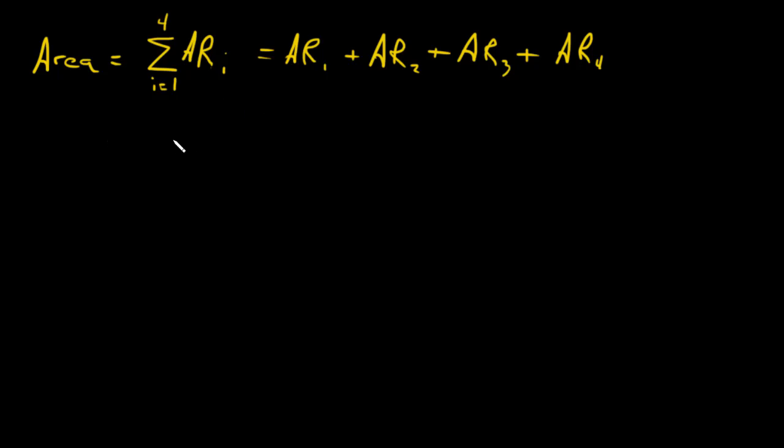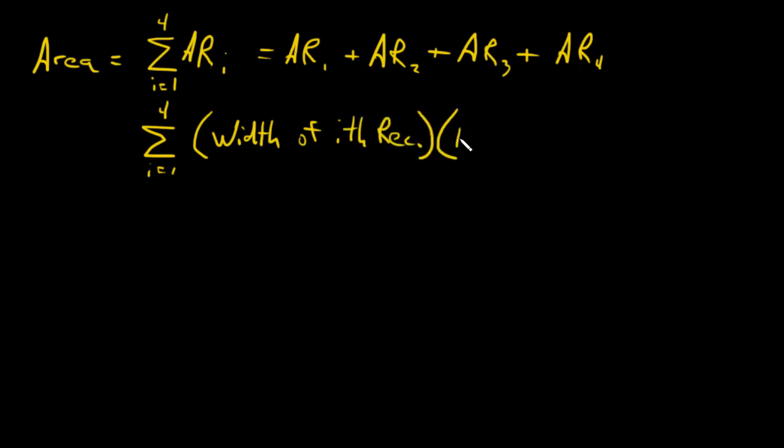That's how I would find that. So how would I set this up? Generalize it a little bit. So it's i from 1 to 4 of, we're going to have the width of the ith rectangle times the height of the ith rectangle, right? That would give me the area of each of the rectangles.